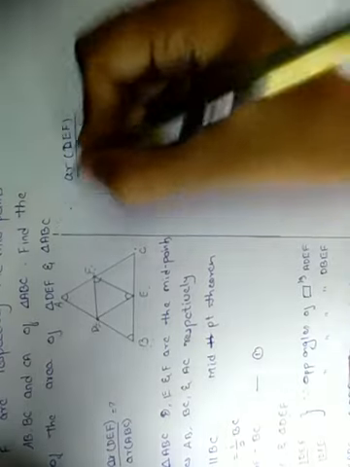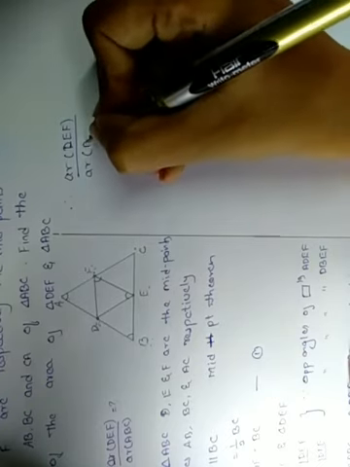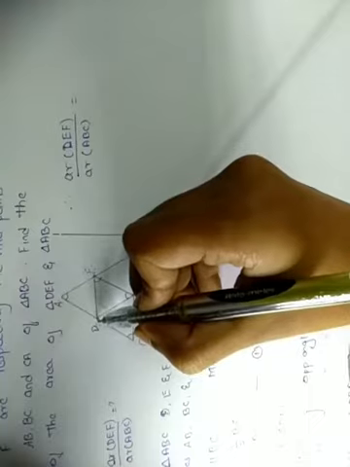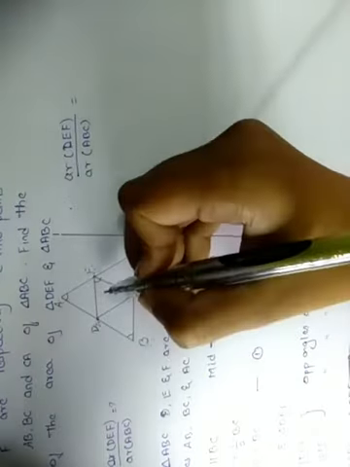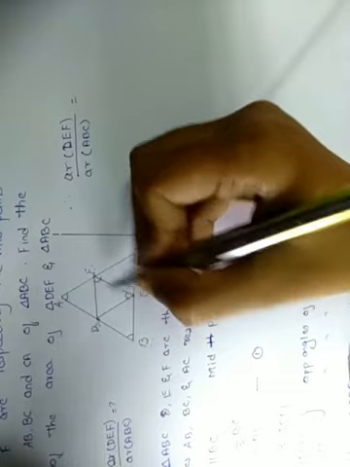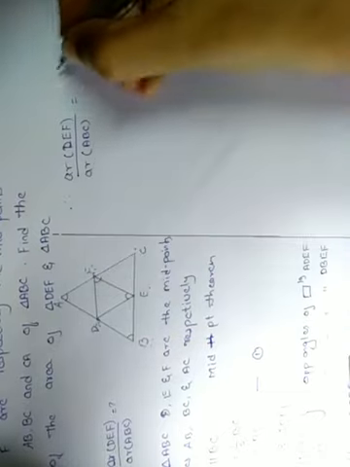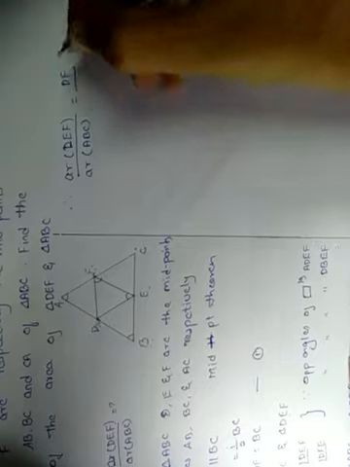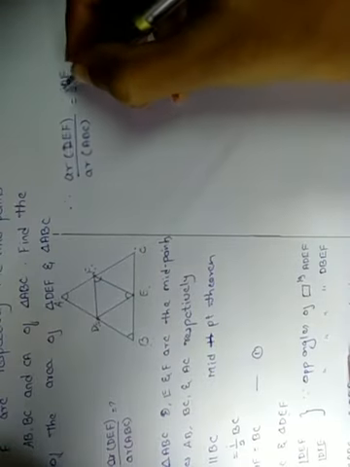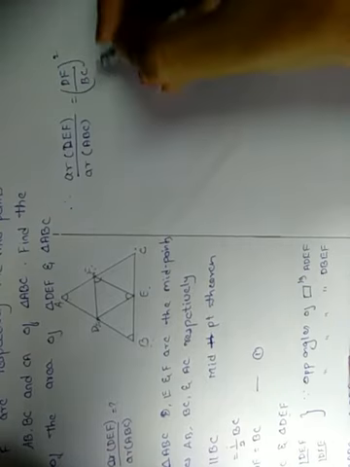At the denominator place, the second triangle, area of triangle ABC. That is equal to the ratio of corresponding sides: for triangle DEF I am going to take DF as a side, and for triangle ABC I am going to take BC as the side, and square of that, right?